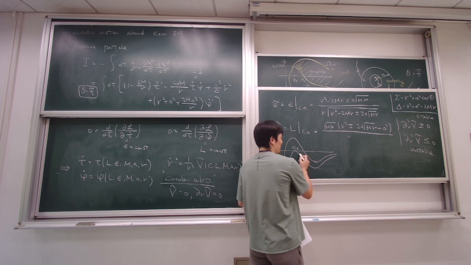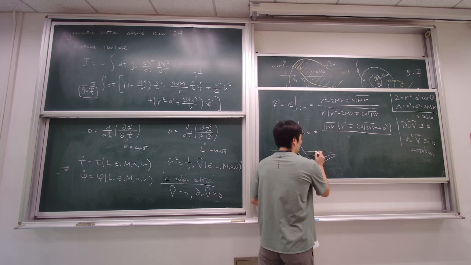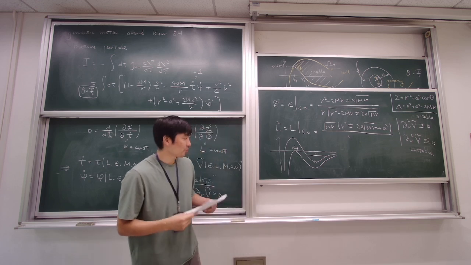Here these are bound orbits, but if E equals 0, it just goes to infinity. So it's called the marginal bound orbit radius.